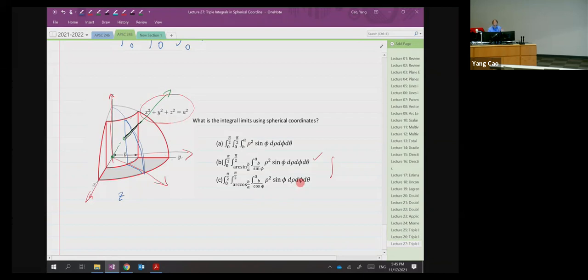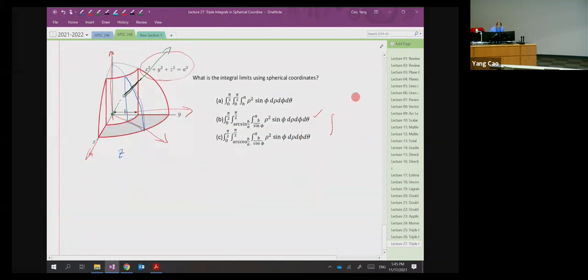And this one is a little bit tricky because to find the limits, you will have to use some geometric relationships to find the actual limits when you're scanning through this region D. So I wanted to show it together here just to make sure we understand how it works.